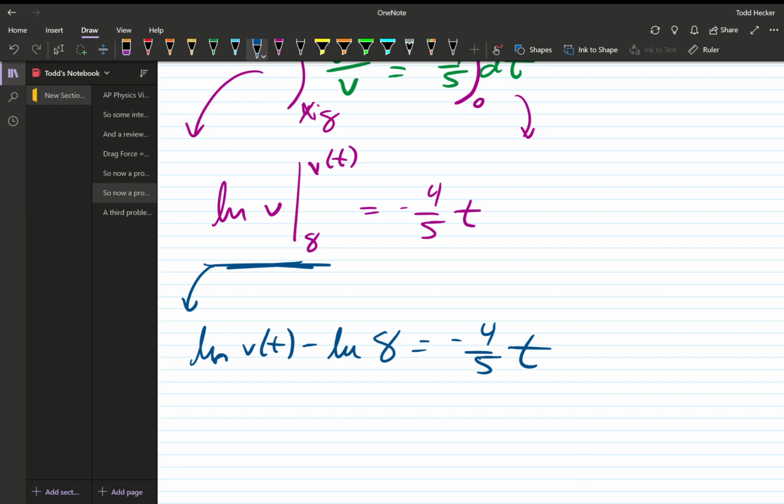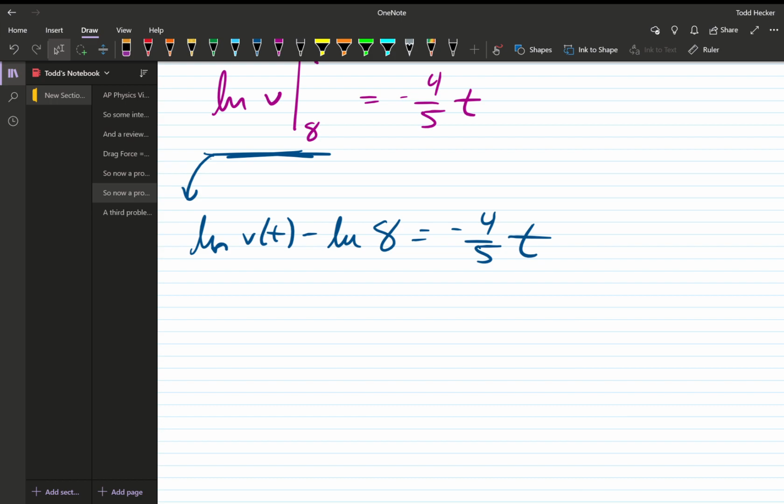And we've got to solve this thing. When I say solve this, we're trying to get v of t by itself. So here's where we're going to use our log principles. The natural log of v of t minus the natural log of 8 is the same as the natural log of v of t over 8, and that equals negative 4/5 t.